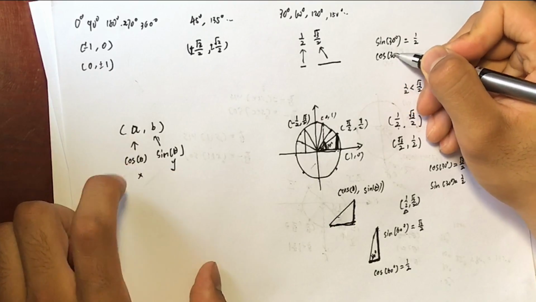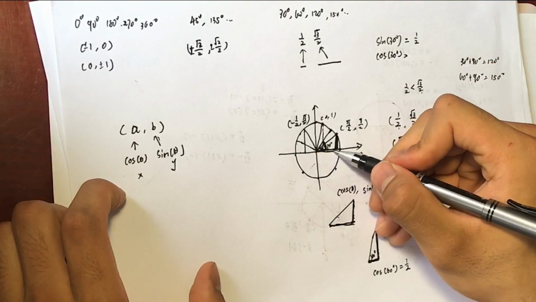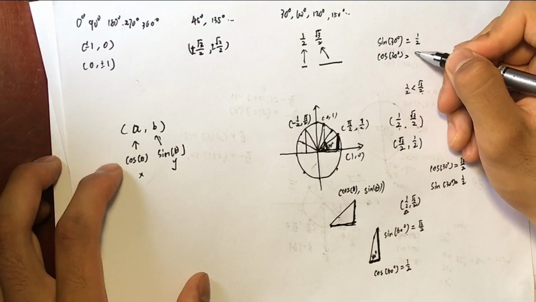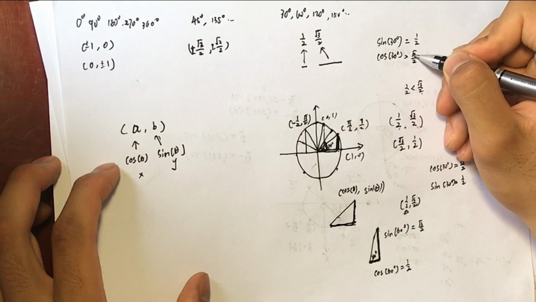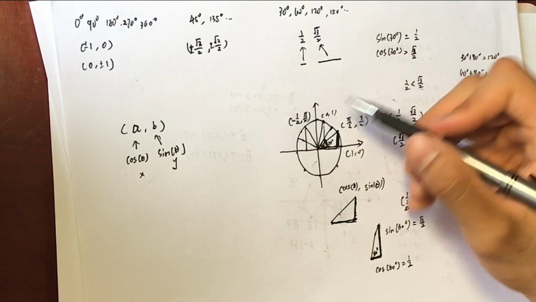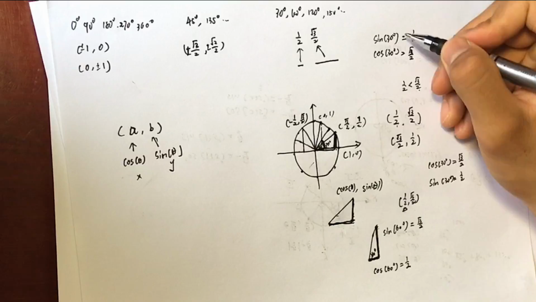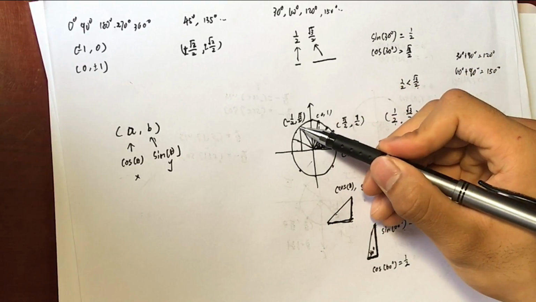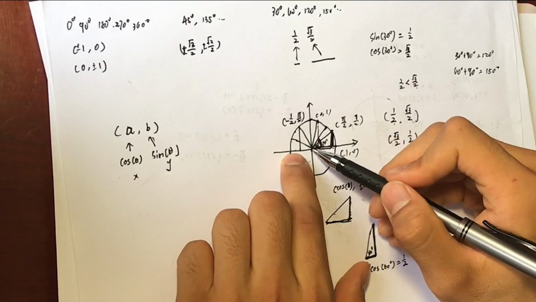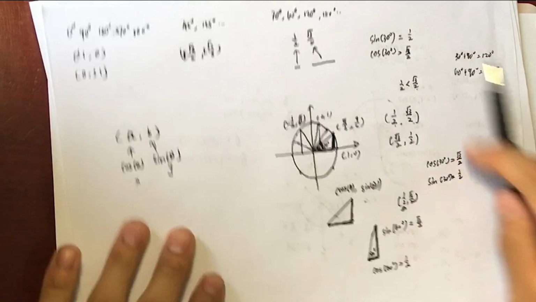Cosine 30 is your longer side, which is your x value, root 3 over 2. 60 degrees, vice versa. 120, you just need to add a negative sign on the first value, because it's on the left side of your origin. All right, got it? Let's do some quizzes.